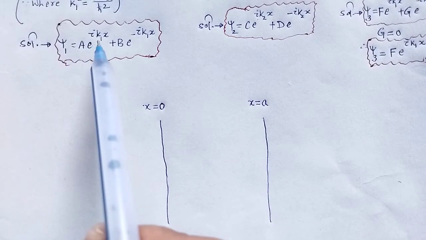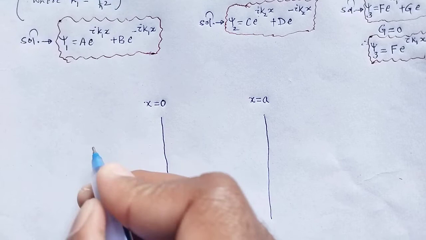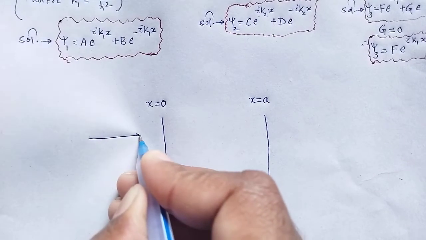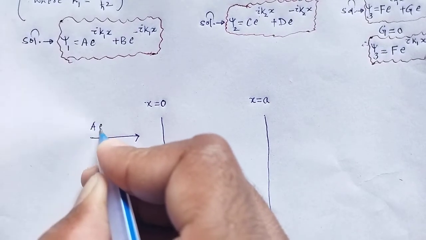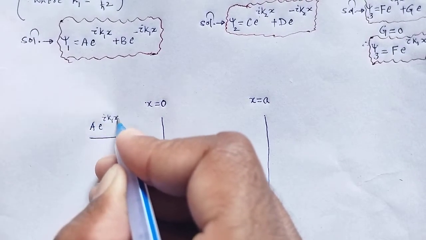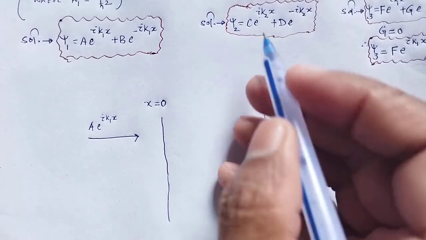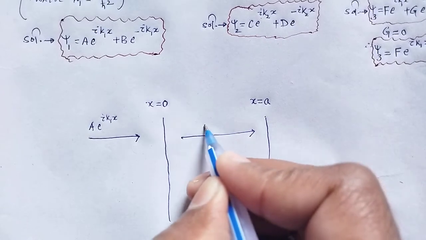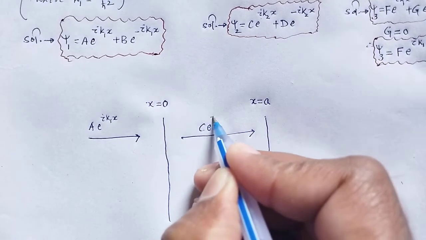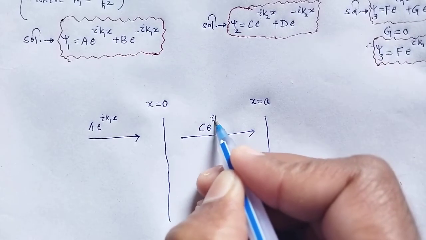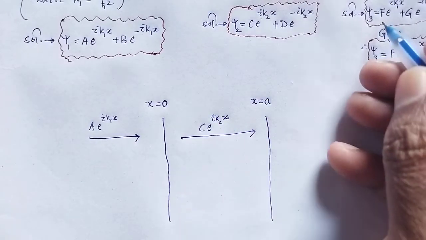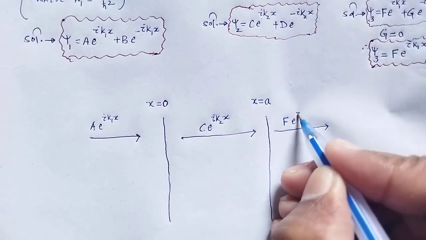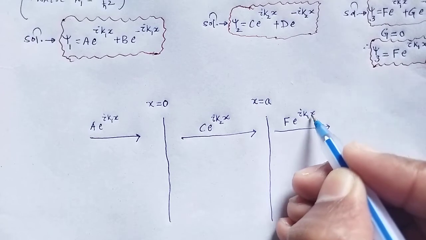A e to the power i k1 x is the incident beam having the amplitude A. That line is A e to the power i k1 x. Here that line indicates C e to the power i k2 x, and that is for F e to the power i k1 x.